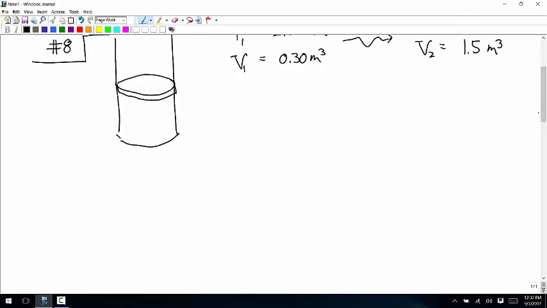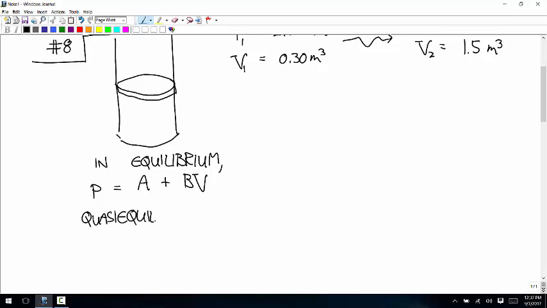And we're told that at equilibrium, the pressure varies linearly with the volume. So we can write this as pressure is equal to A plus B V. And we're going to assume that this expansion happens quasi-statically or in quasi equilibrium. Those mean the same thing.